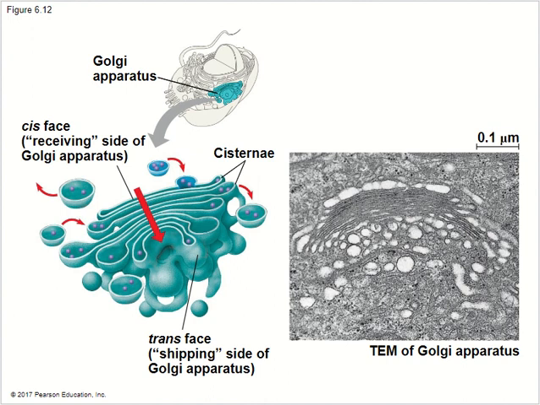The Golgi apparatus has a receiving end, sort of like a packing site, called the cis face, and then the trans face, which is the shipping end, where it gets sent out to the rest of the cell.